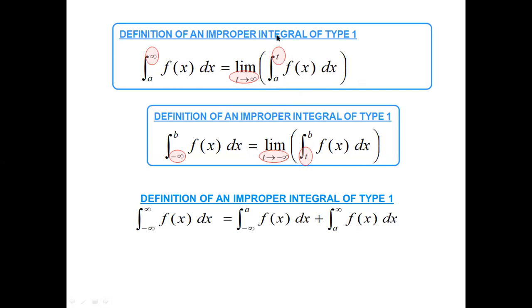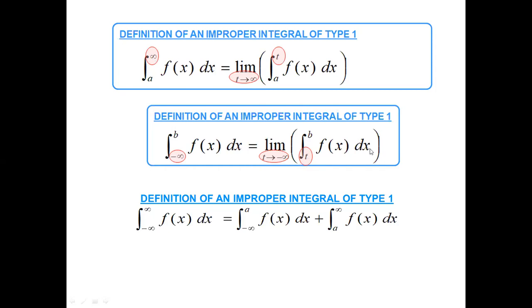This one is also an improper integral. This one is improper because your lower limit is negative infinity. The other one is improper because your upper limit is positive infinity. This one has an equivalent expression of an integral which has an upper limit of b and a lower limit of t, but t approaches negative infinity.